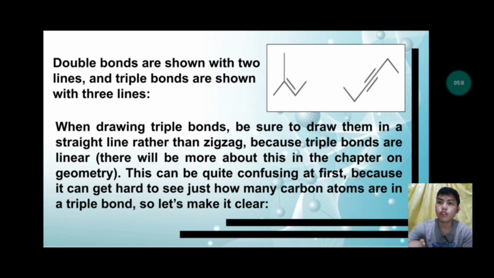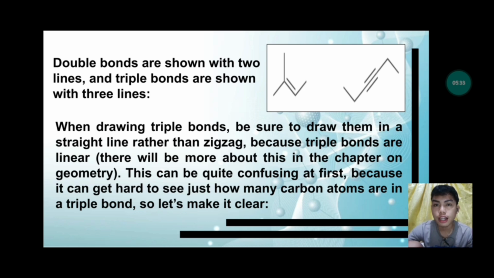So here, double bonds are shown with two lines. As you can see, the picture on the left side is what we call the double bond, and triple bonds are shown with three lines.